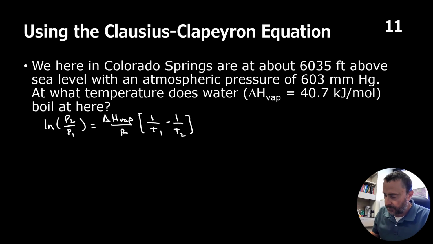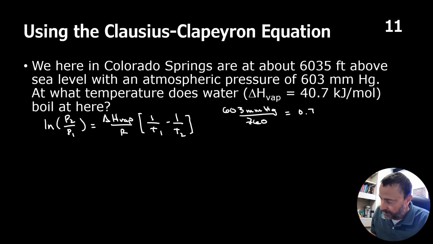So I'm going to say we have 603 millimeters of mercury divided by 760, which is 0.793 atmospheres. And then the normal boiling point is at 1 atmosphere. Now we can start plugging things in.